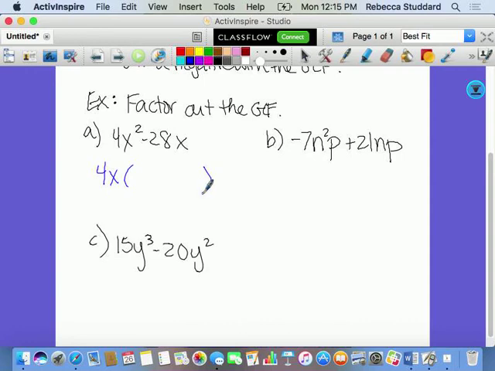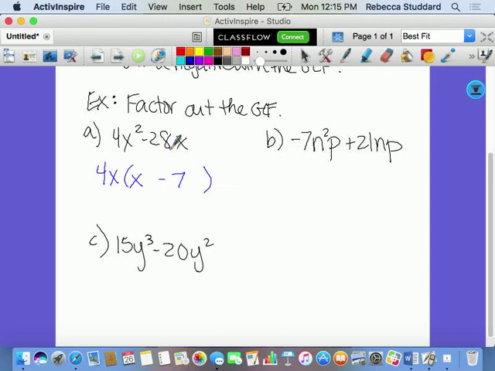You can say 4x squared divided by 4x is x, and negative 28x divided by 4x is negative 7. Another way of looking at it is, what do I need to multiply 4x by to get 4x squared? X. What do I need to multiply 4x by to get negative 28x? Negative 7.